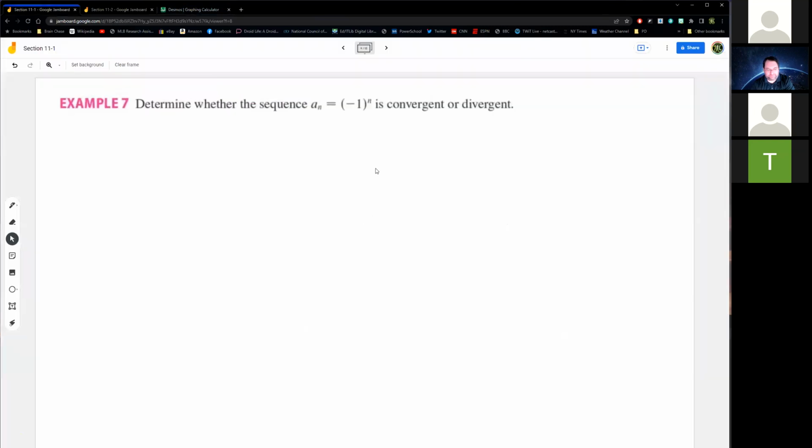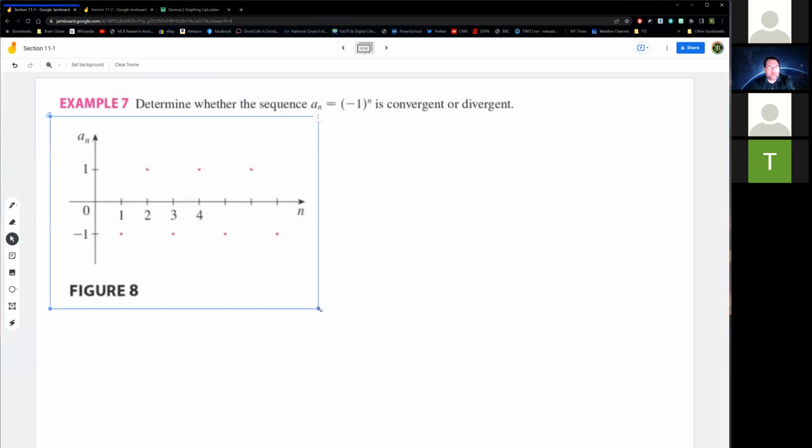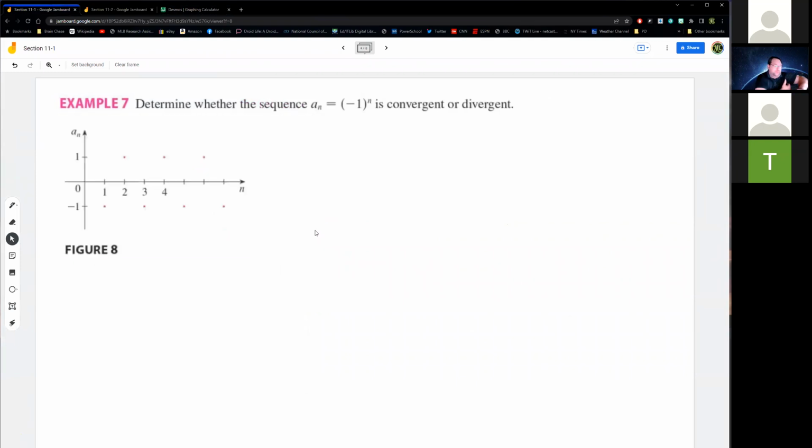So this is what the graph looks like. What do you notice is happening with this graph? It looks kind of like a sine wave, right? Yeah, but the problem is the values between the points don't exist. Because if I did -1 to the 1/2 power, for example, it's an imaginary number.